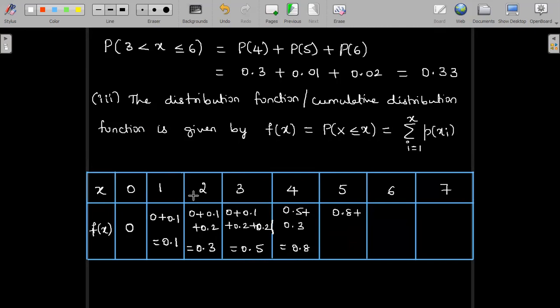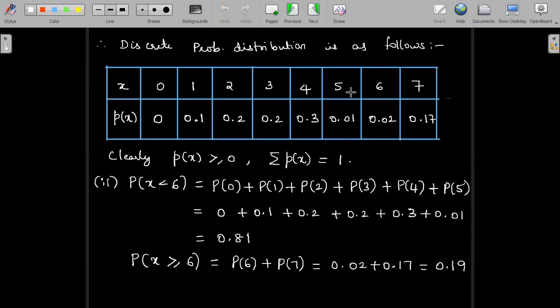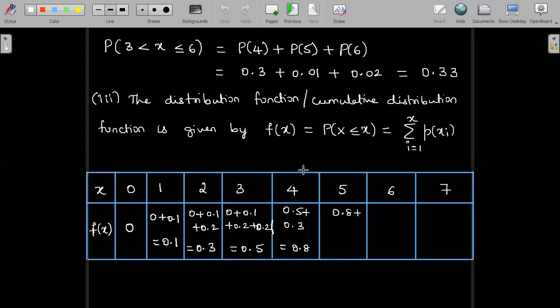Again, the previous value is 0.8 plus the probability of x equal to 5, as you are adding up all the probabilities less than or equal to 5. So for 5 it is 0.01. So 0.8 plus 0.01 is equal to 0.81. Similarly, the previous value is 0.81 plus the probability of x equal to 6, which is 0.02, which gives us 0.83.